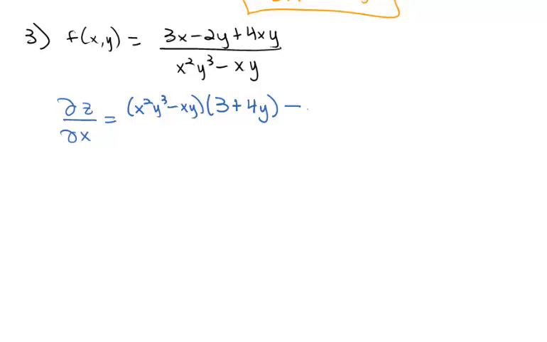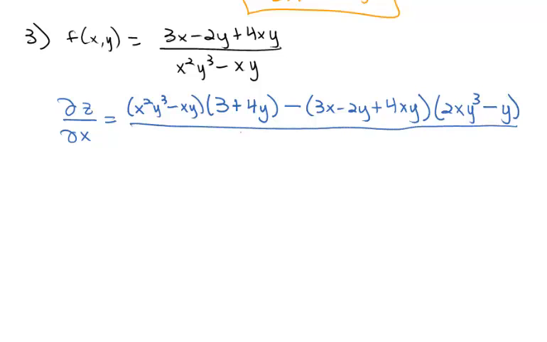Low d high, minus high, 3x minus 2y plus 4xy, d low, the derivative of the bottom, treating the y like a constant. The derivative of x squared is 2x, and the y is just a constant, so it's along for the ride, minus the derivative of x is 1, and y is a constant, so we keep it. All over the low squared, x squared y cubed minus xy, squared.